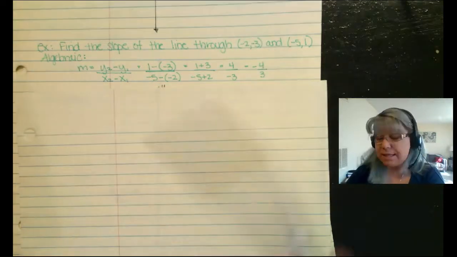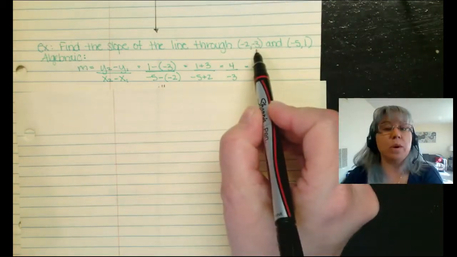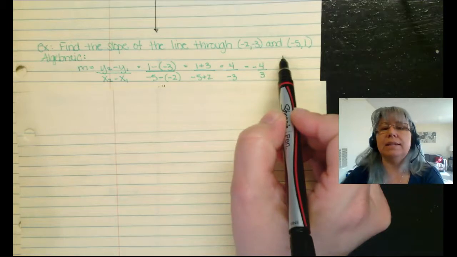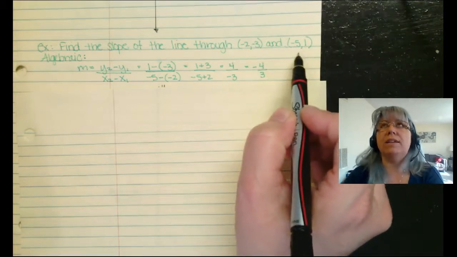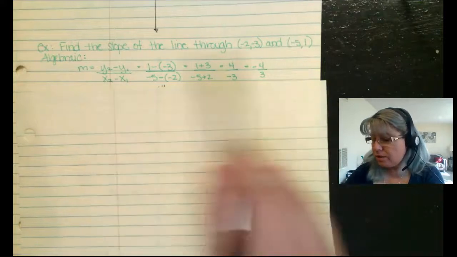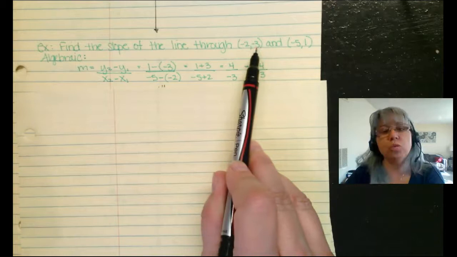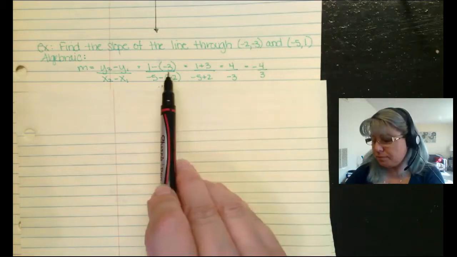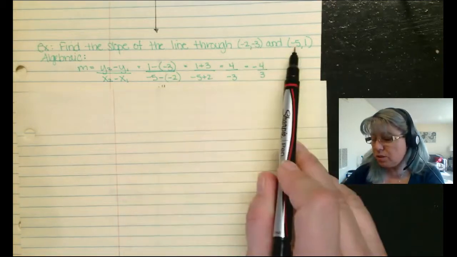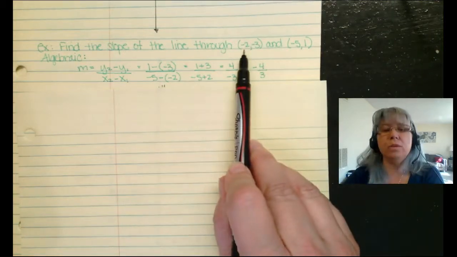For argument's sake, I'm going to say -2, 3 is our point 1, and -5, 1 is our second point. So y2 is 1, minus y1, which is 3, all over x2, -5, minus x1, which is -2.